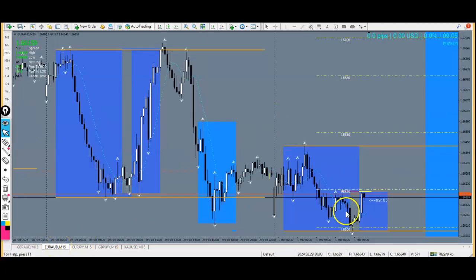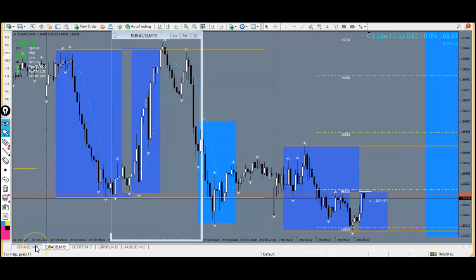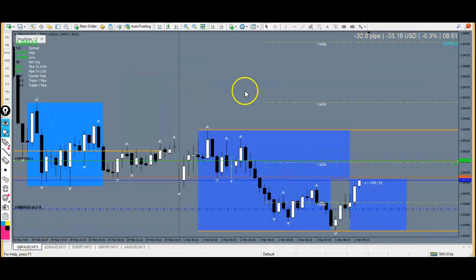On this, it's still in this range here. It's not totally closed above it, so we're still expecting a further push down possibly. And on this, it's actually broken that high now. So it's broken this high.